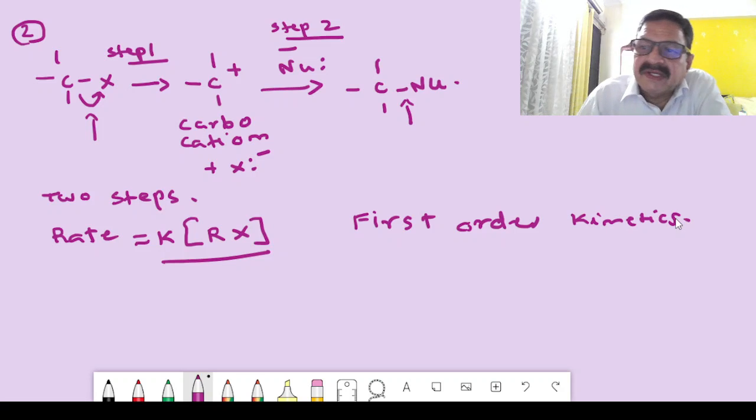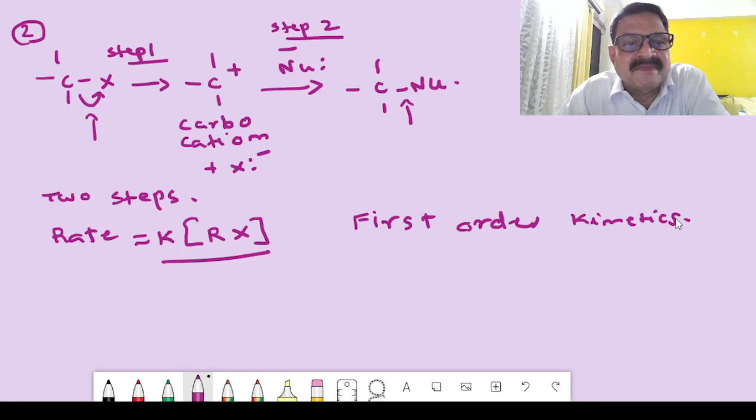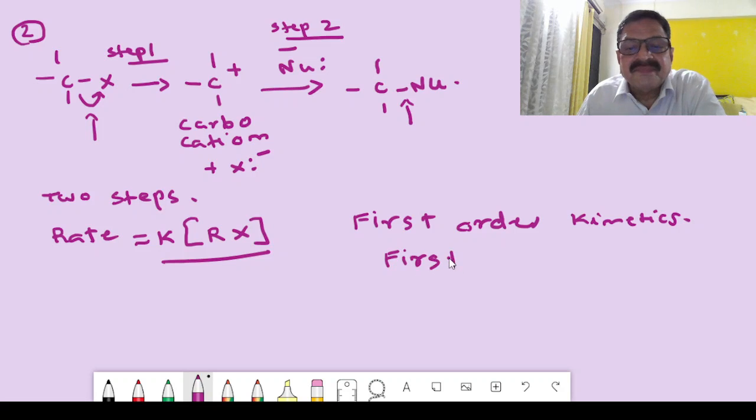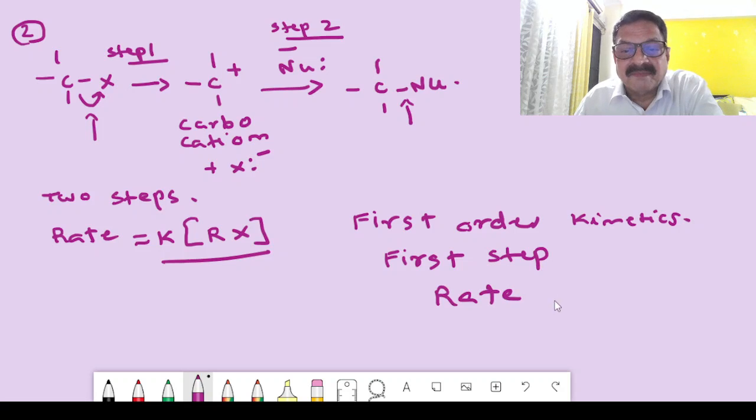The first step, where bond cleavage or bond breaking takes place, is the rate determining step. It is the slowest step.